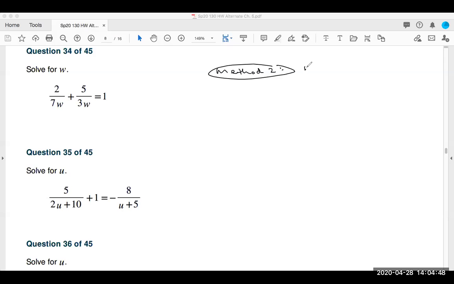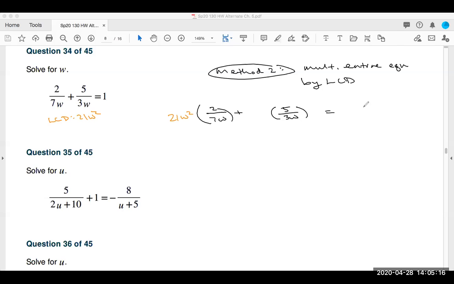Okay, so that would be to multiply the entire equation by the LCD. Remember, in this case, the LCD is 21W squared. So I'm going to take 21W squared and multiply that to each term in my entire equation.